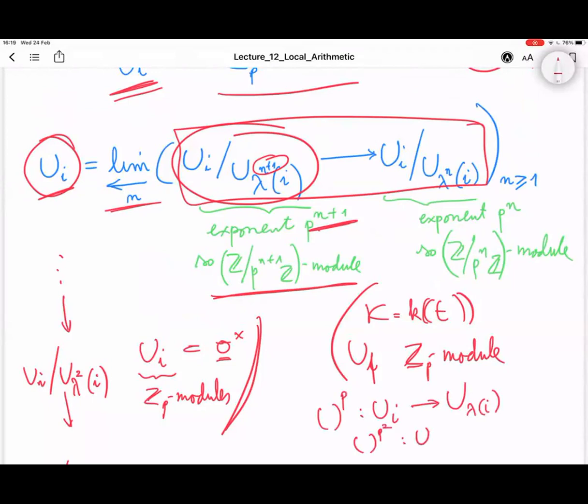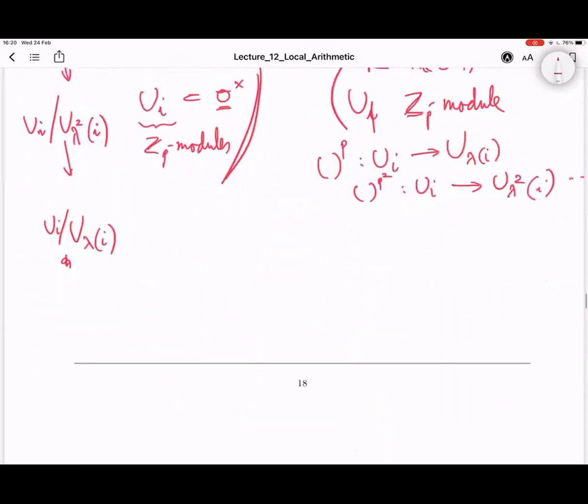Raising to p squared will take U_i into U_{λ² i}, and so on. So this thing here is a Z modulo p^{n+1} Z module, and this thing here is a Z modulo p^n Z module. And therefore, in the inverse limit, you will get a Z_p module.